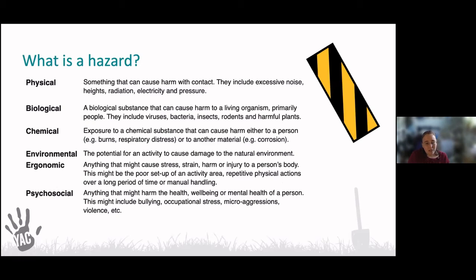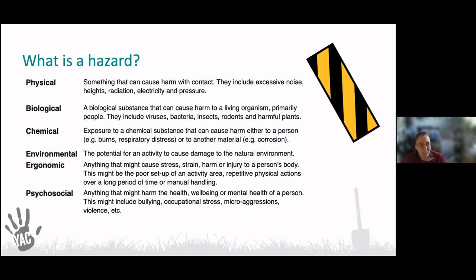So a hazard comes under these 6 headings. So physical. And this is the thing that we think of the most. So it could be excessive noise, working at heights, electricity, slips and trips, uneven ground.